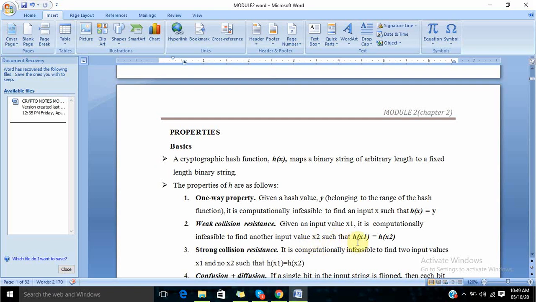In simple words, when you compute the hash value of x1 and the hash value of x2, both should not map to the same y.